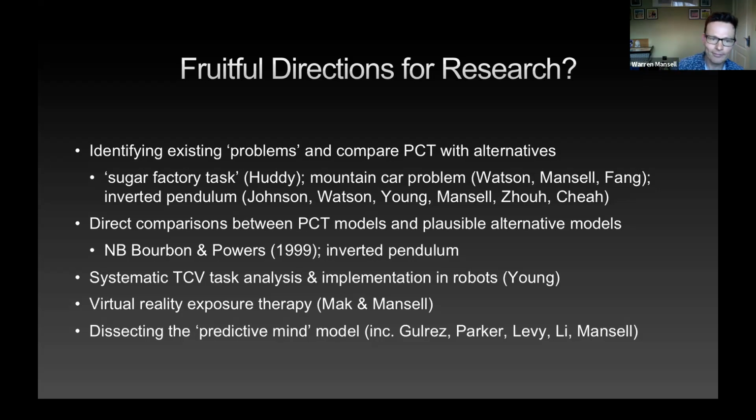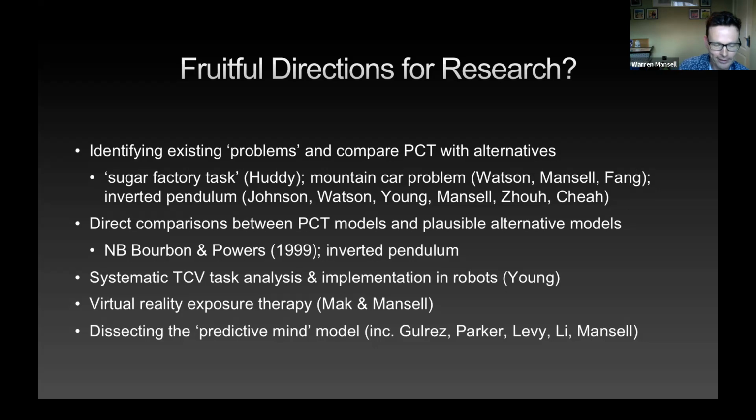So we really need to create models from plausible alternative theories and make comparisons. I'm going to talk to you about some systematic work that Rupert has designed and planned with collaborators, including myself, on virtual reality exposure therapy.